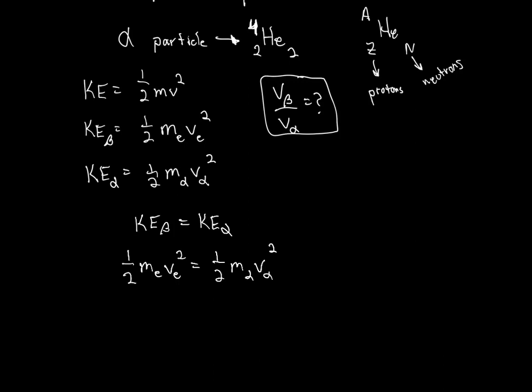I'm looking for V beta over V alpha, which is V electron over V alpha. So I want to get that on the left side and everything else on the right-hand side. So I can do some algebra. Is there anything I can cancel to make my life easier? I have a 1/2 on both sides, so I can divide both sides by 1/2, and the 1/2 goes away. Trying to get V beta or V electron over V alpha, I divide both sides by V alpha squared.